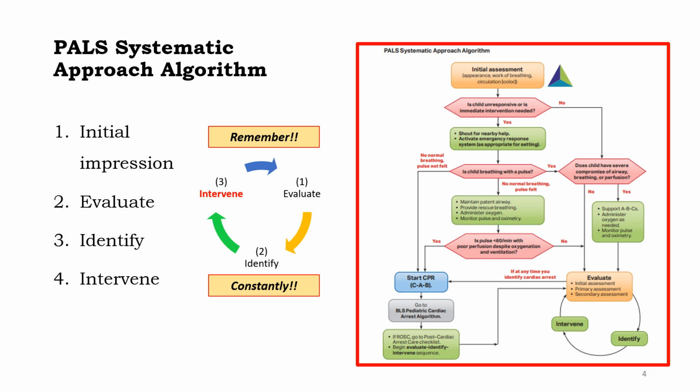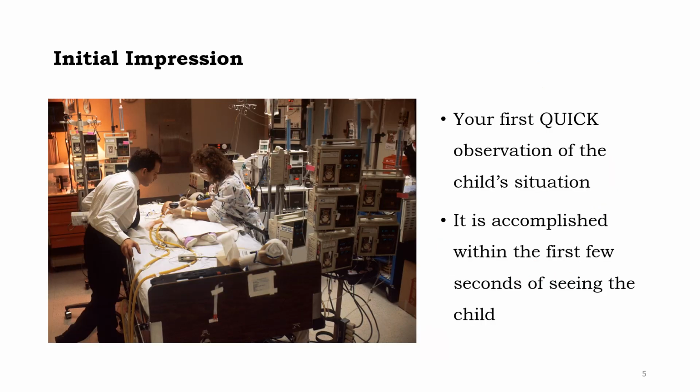So, at any point in the evaluation that you find an issue which can be rectified or intervened, for example, low oxygen, you'll attach the oxygen and continue with your evaluation and assessment of the child. We'll be discussing it in more details in the coming slides, but the point is to remember that they're all interconnected and should be happening simultaneously together.